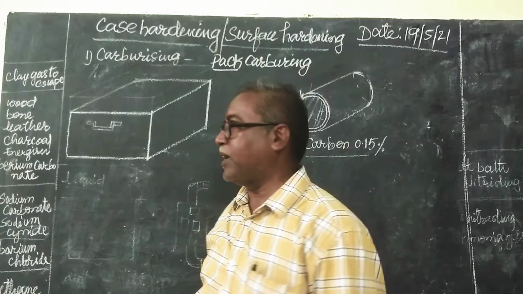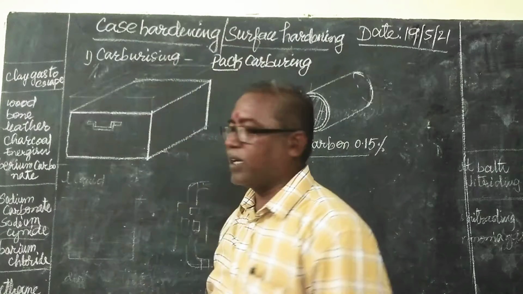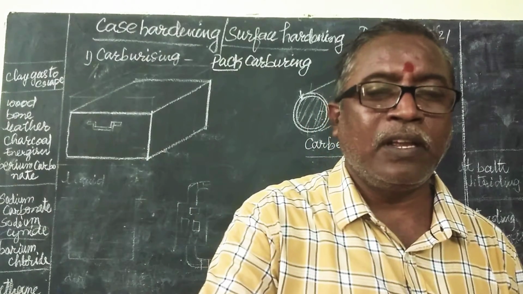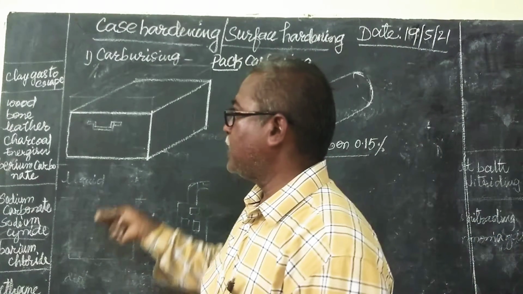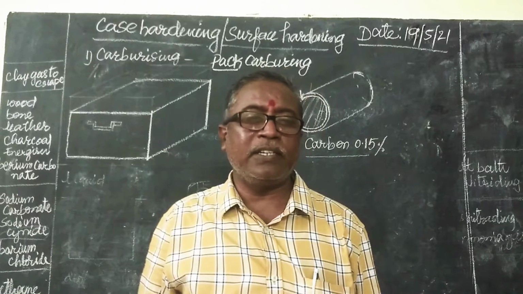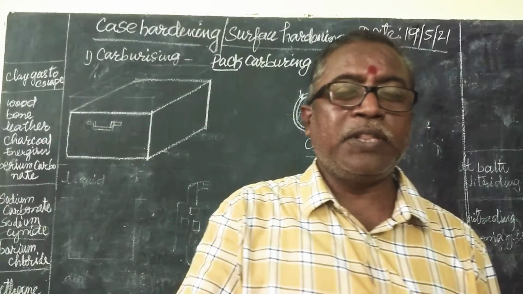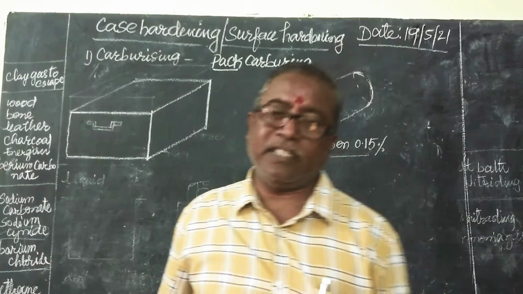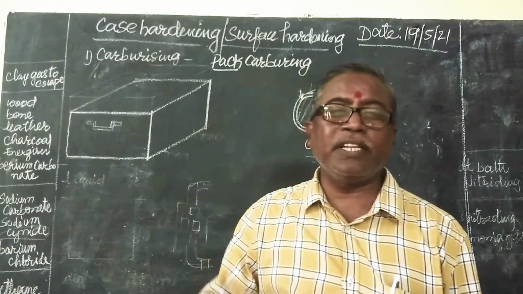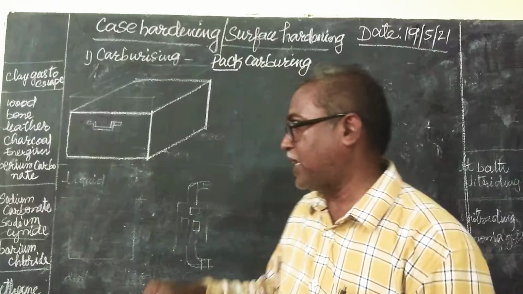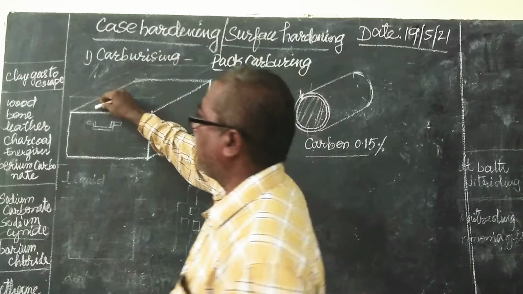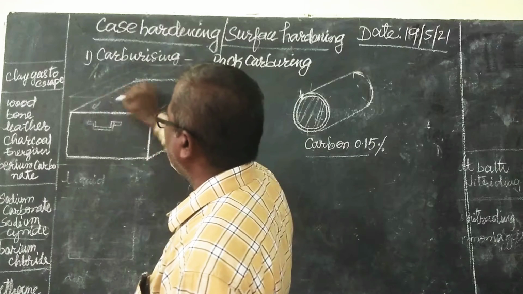What are the items? Wood powder or bone powder or charcoal powder. With that, an energizer, barium carbonate, has to be put inside along with the metal.